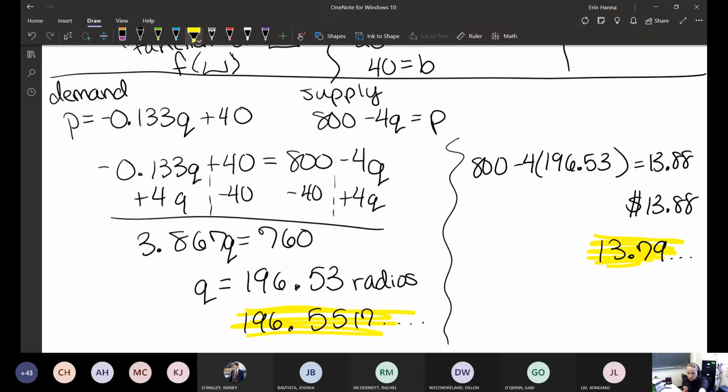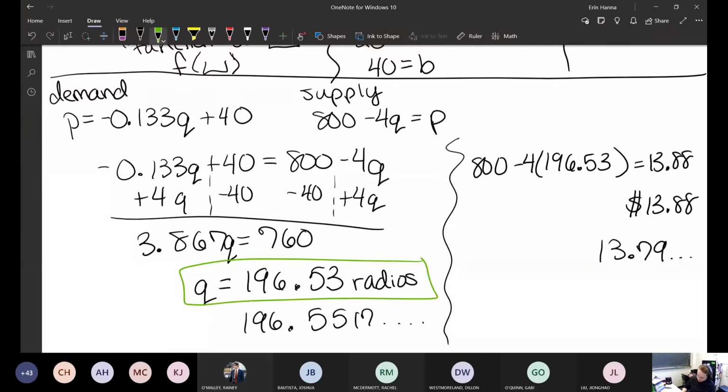Okay, so other question. So yeah, the equilibrium point is technically these two values together. What the equilibrium point represents is essentially the best option that a business can have. It has nothing to do with profit. We don't know anything about the type of profit they're making at this point.